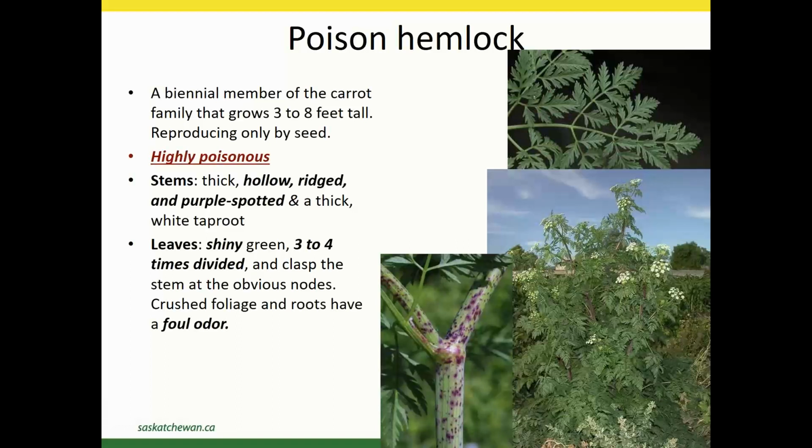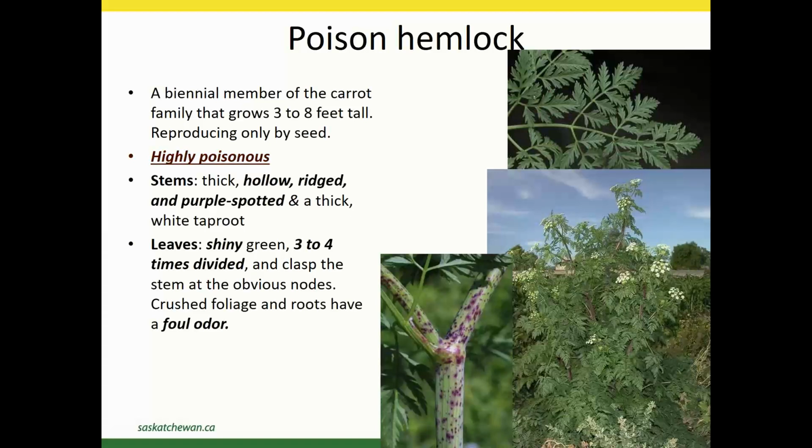Stems are thick, hollow, and ridged, and they've got deep purple spots on them. That's one of the ways that you can distinguish it from other members of the carrot family that have white flowers: when you have purple spots, that signals that you want to be careful around that plant, and it can be poisonous. It's got a thick white taproot that would resemble a carrot or a parsnip.